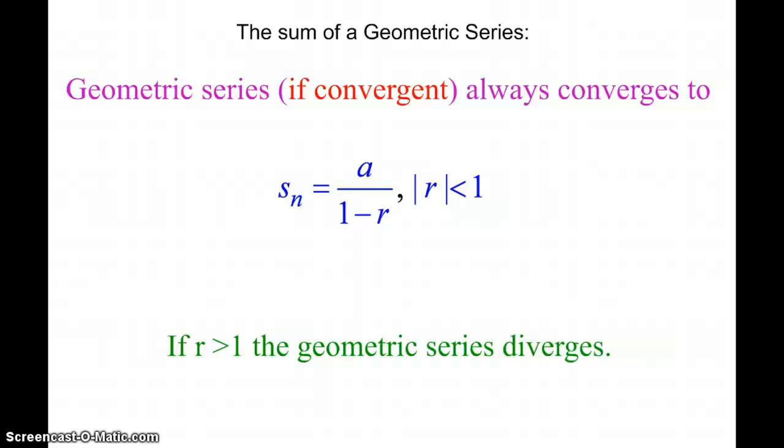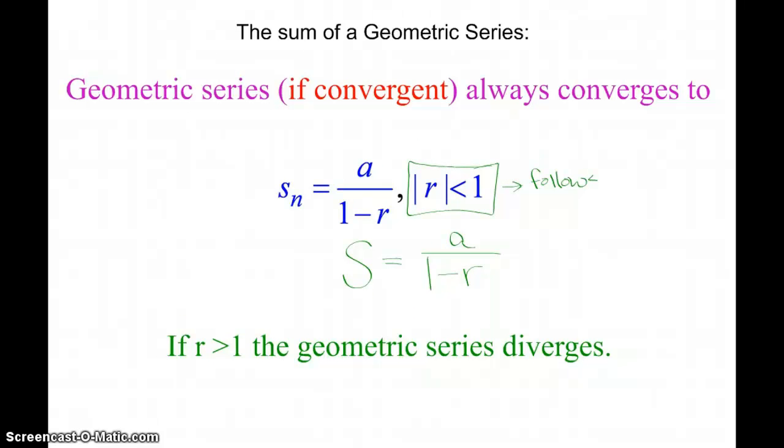So, the sum of a geometric series, if it converges, will always converge to the sum equals the first term over the quantity 1 minus the common ratio. It will converge, and this follows really closely.